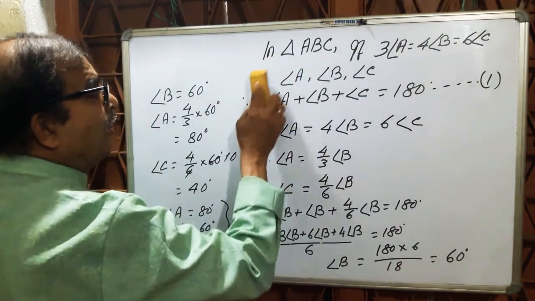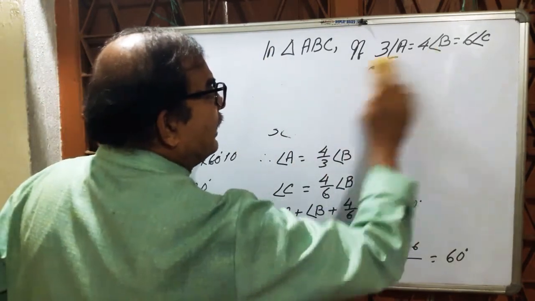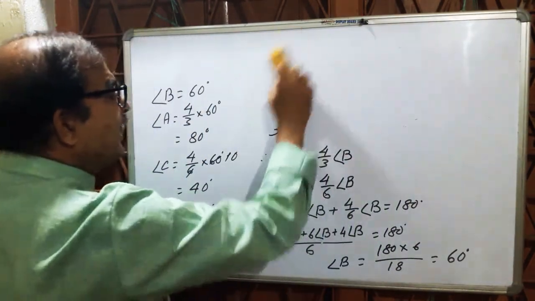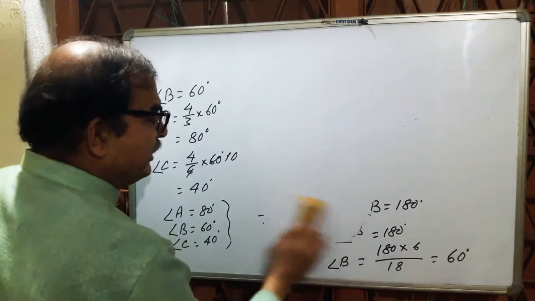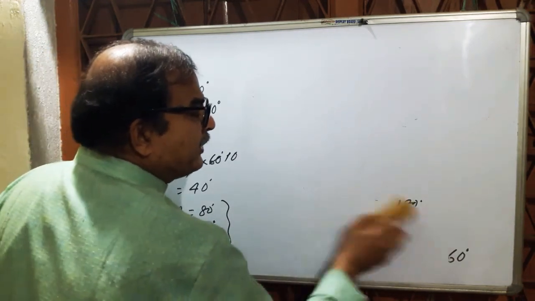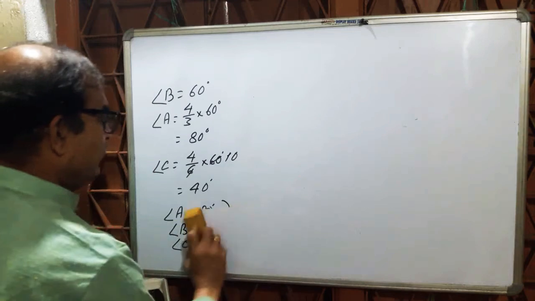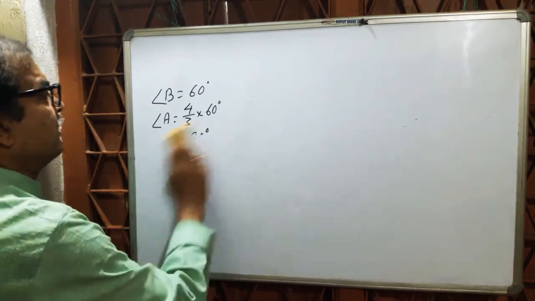Always you have to remember the sum of interior angles of a triangle is 180 degree. This is the criteria for making triangles. Not more than that, not less than that.